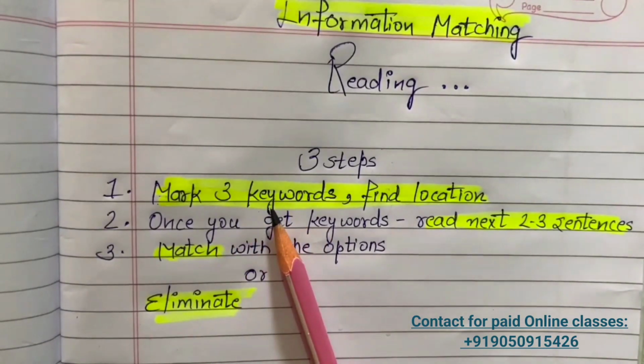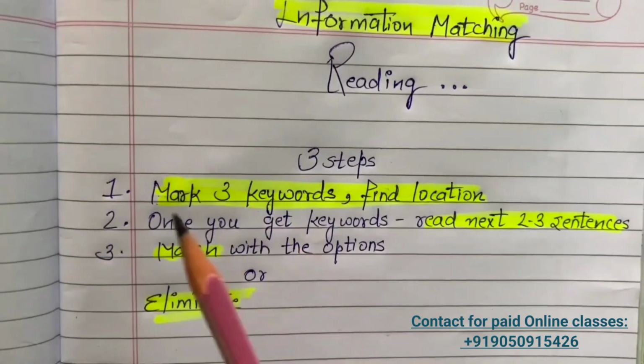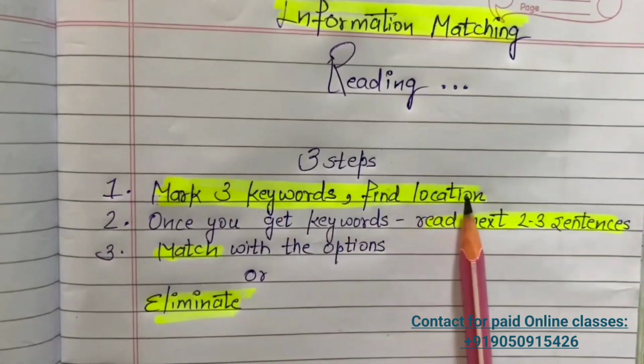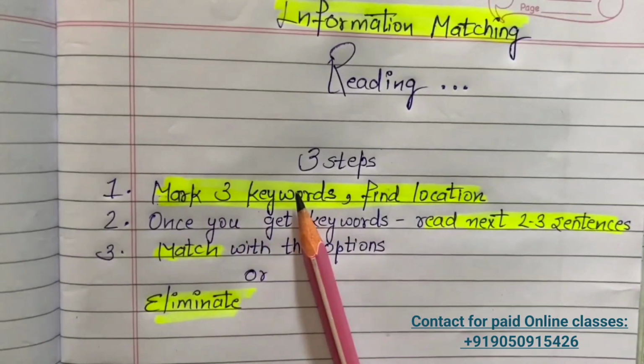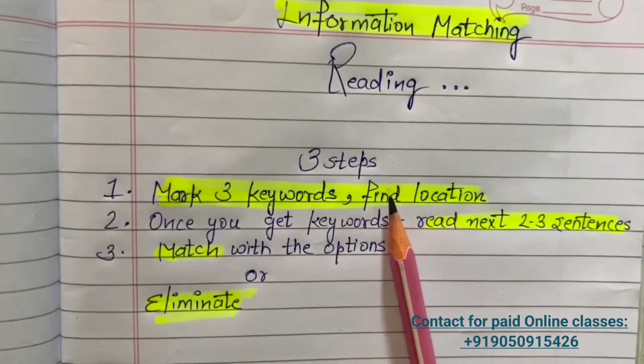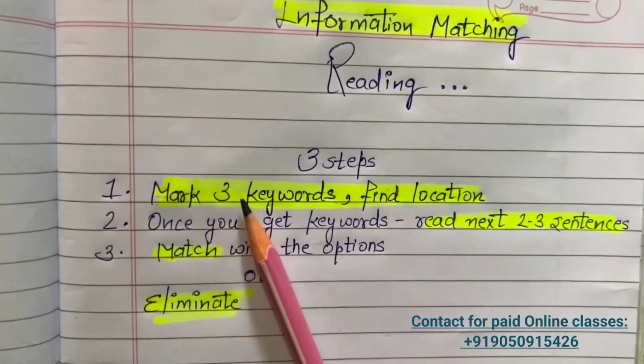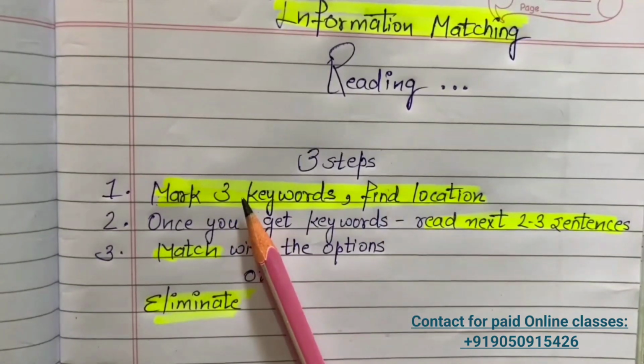Doesn't matter what type of question you are covering, whether it is true, false, not given, list of heading, or another types of questions. So always mark 3 keywords and find the location, because when you match the 3 keywords, you will get the exact location. Because 1 keyword cannot exactly help you to find the exact location of the question or answer.